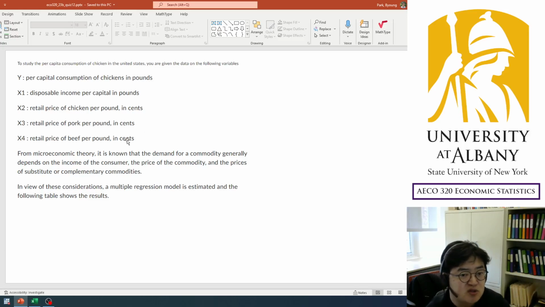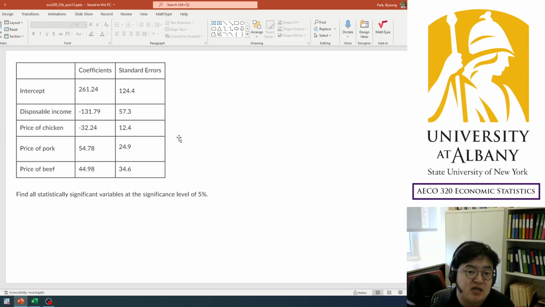Instead, they are going to choose chicken as an alternative. Some of them will turn to chicken instead of pork. So the coefficient of x3 will be positive. In a similar manner, I believe x4 will be positive. So let's see.